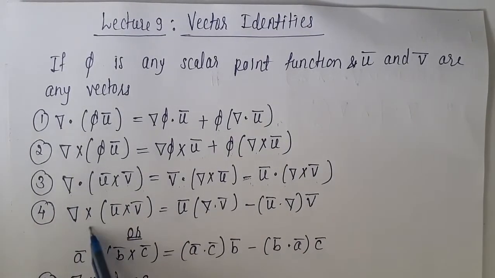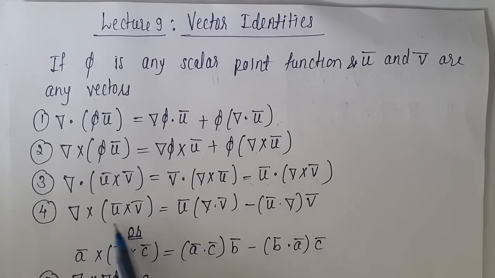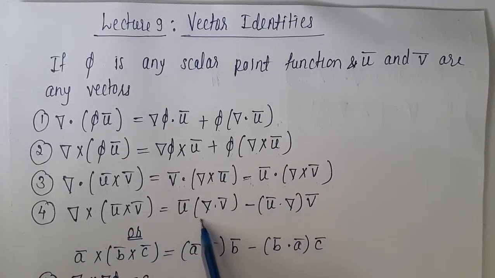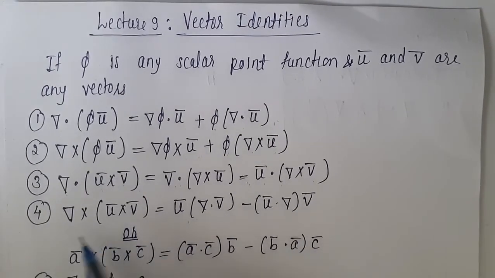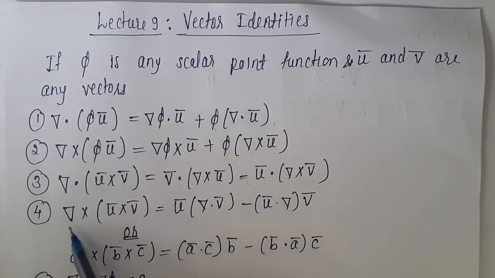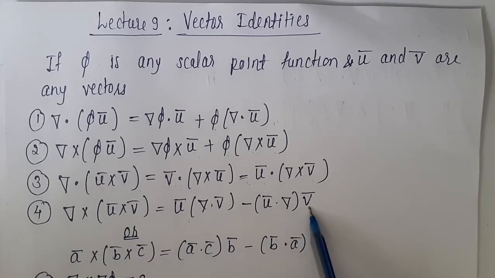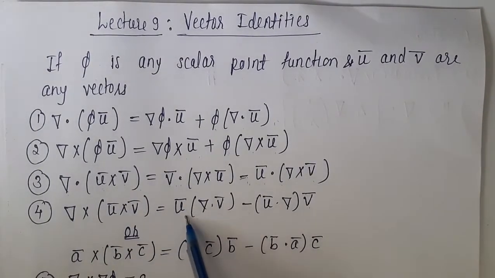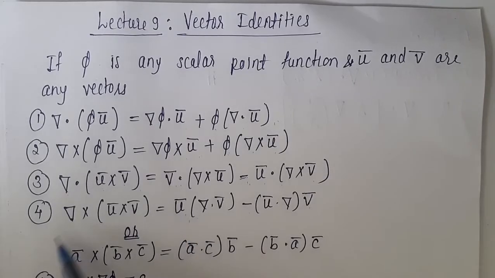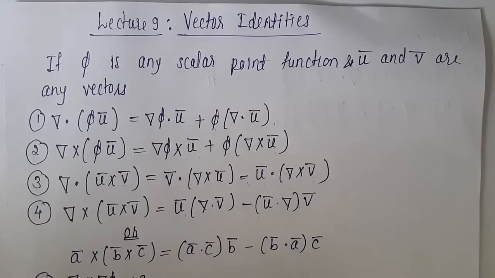The fourth identity is del cross u cross v. It is equal to u del dot v minus u dot del multiplied by v. This is a cross product of three vectors, a vector triple product: u multiplied by del dot v minus u dot del multiplied by v.